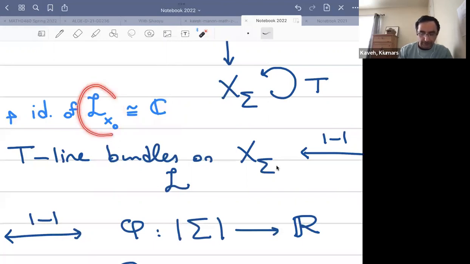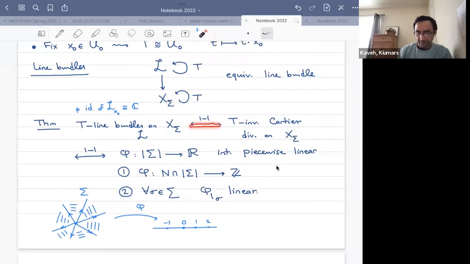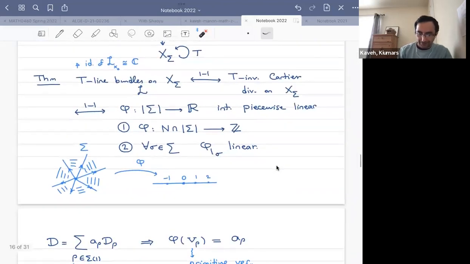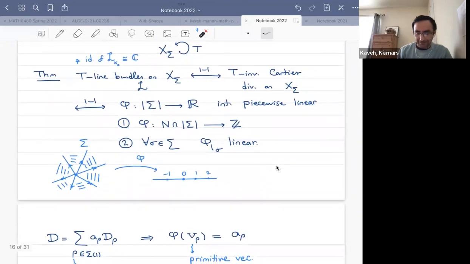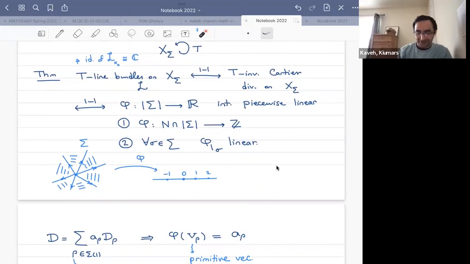So after fixing that, this becomes a one-to-one correspondence. This is a simple fact, but sometimes becomes confusing, at least for me.